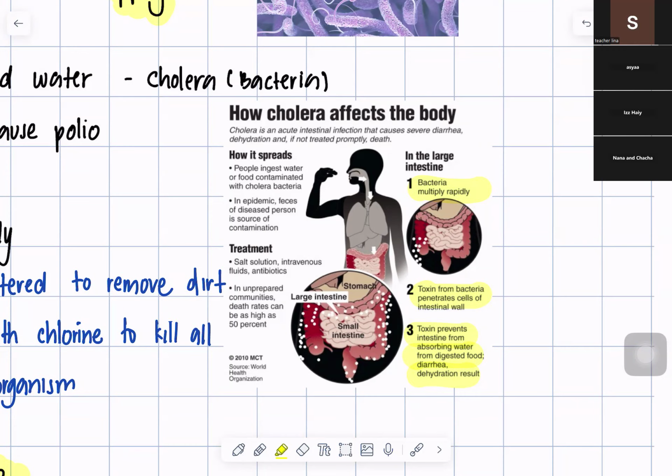What do you understand about direct and indirect? Direct contact is like contact between an infected person and another person, getting in contact. An example of it is fungus.